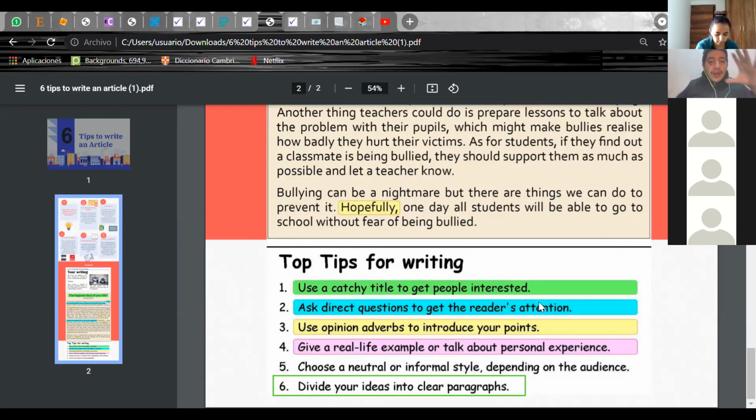Because if you write a whole paragraph, that can be overwhelming for the reader, and also it won't have an organized structure, and that's not good for you guys. So that's the reason why it's important to write your article divided into paragraphs.